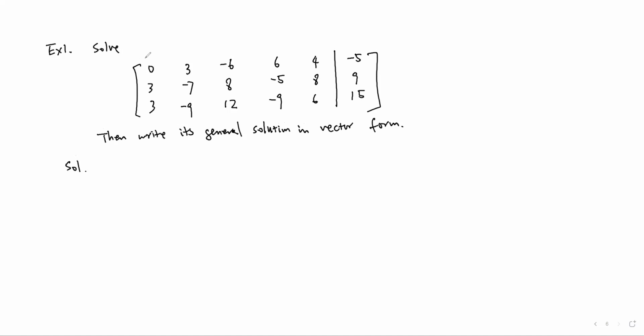Because I cannot use 0 to eliminate non-zero numbers, the first step is to switch row 1 and row 3. Then I get 3, 9, 12, 9, 6, 15.